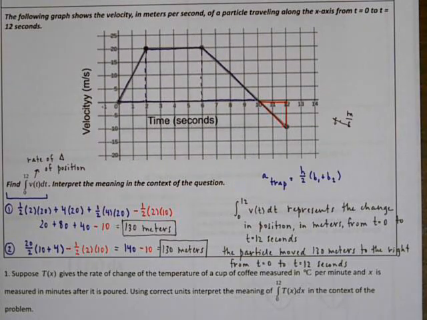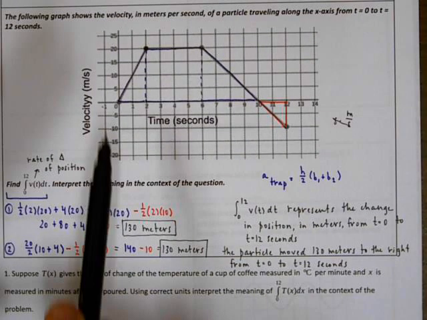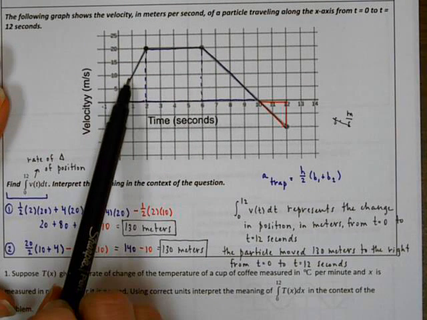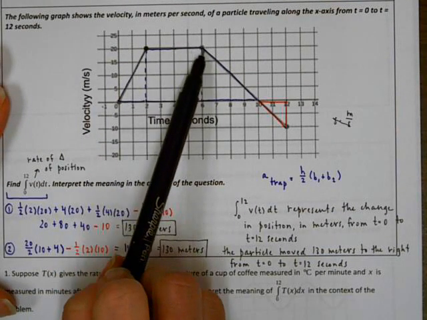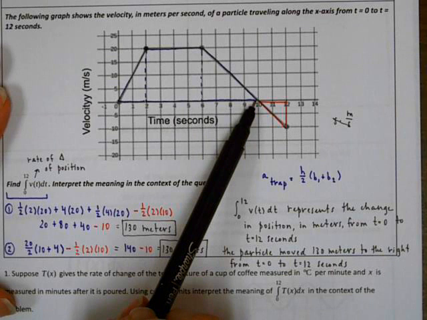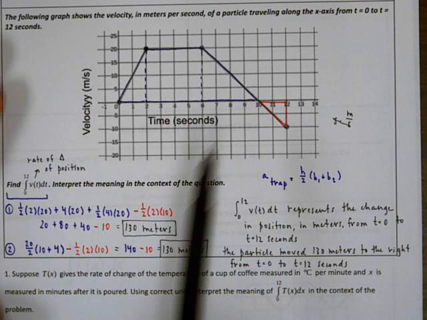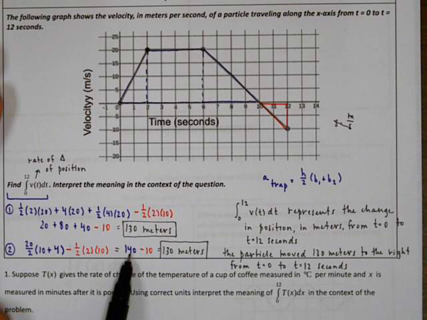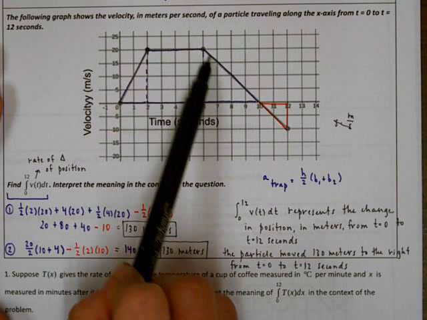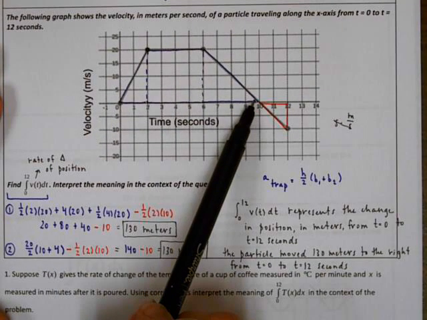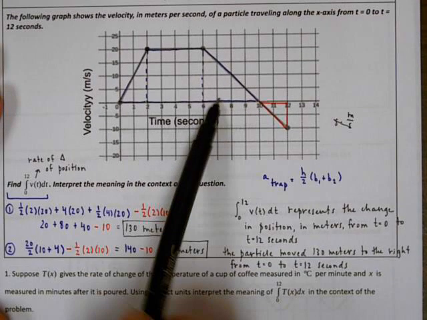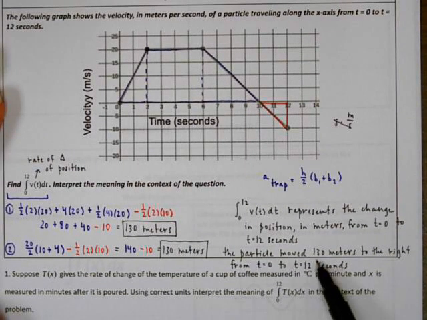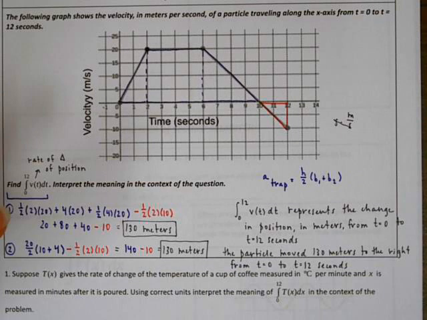Okay, so what that's telling us, right, is I know by looking at velocity it was moving forward here because velocity was positive, and then it moved backwards. So really what happened is it moved 140 meters to the right, then it moved 10 meters back to the left. So in all, it ended up 130 meters to the right.